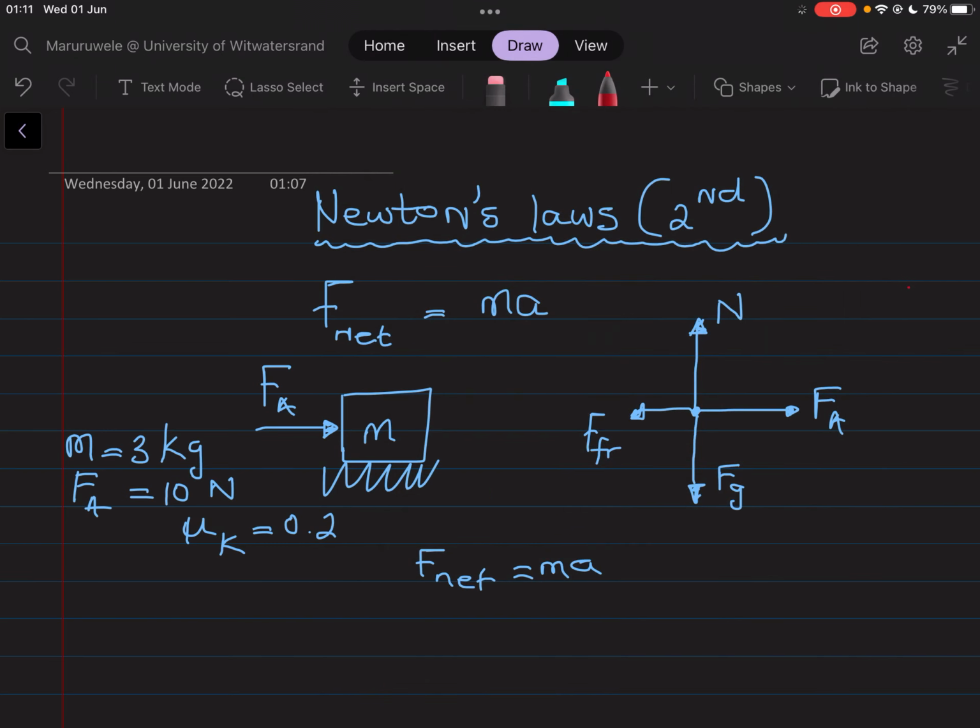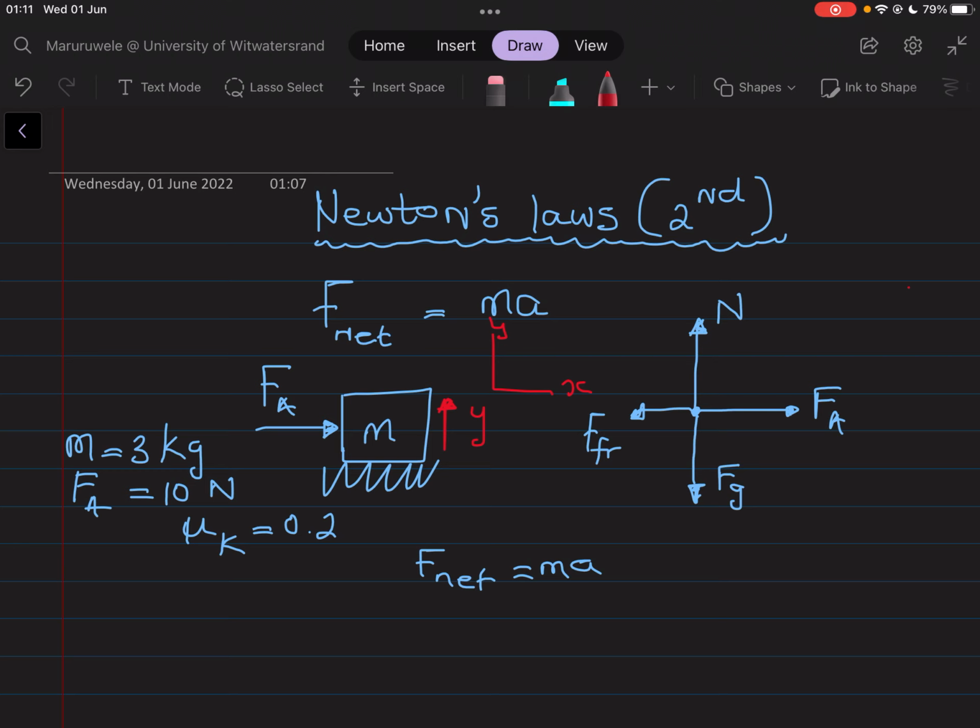If you look at this block, let me draw a Cartesian here, x and y. There's no way that there's gonna be a movement in the y direction. It's a horizontal motion. As you can see, it's on the horizontal motion.